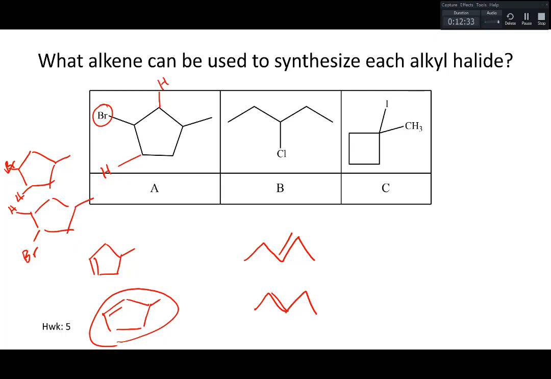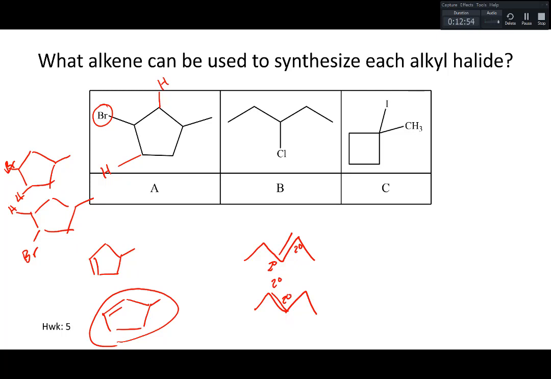So you're going to end up with two products no matter what you do. So the only way you can get this product, product B, is in a mixture of two products that are really very similar to each other.